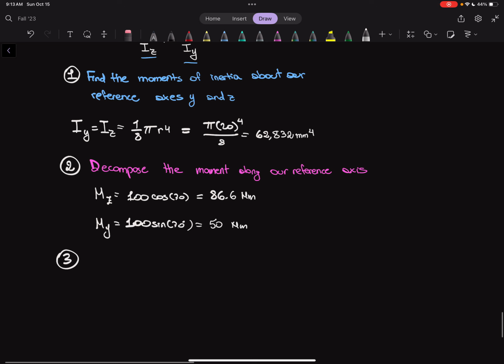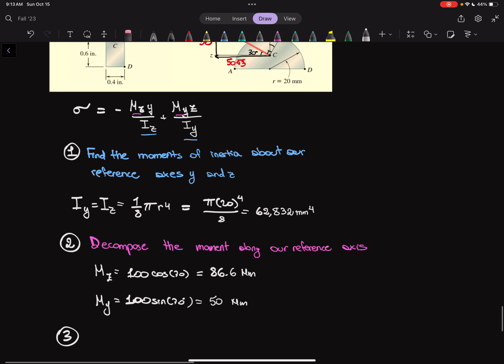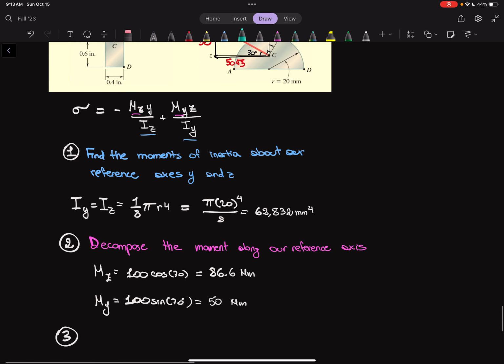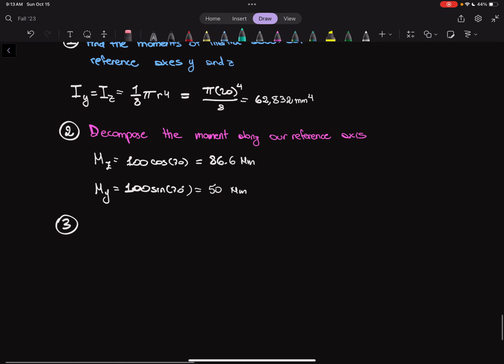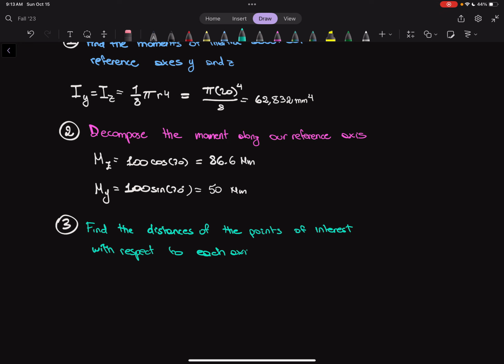So then we do part 3. And we realize, well, I still don't have my distances. So we're going to find the distances of the points of interest with respect to each axis.